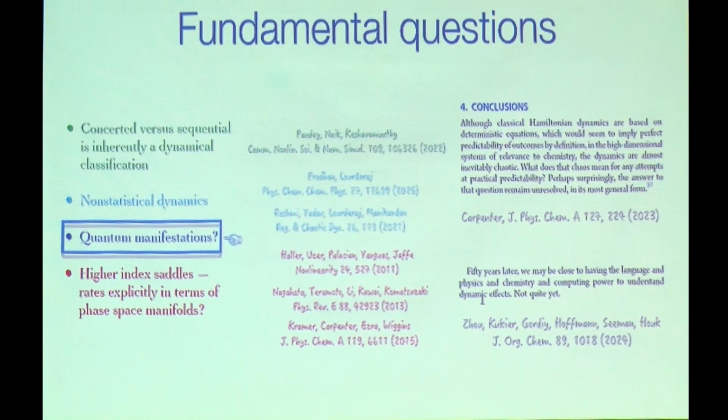I'm going to talk about dynamics, but I couldn't resist making this aside. There's a recent article by Houk, Hoffmann, Stephen, and these folks, and they ask whether the time has come for organic chemists to start paying attention to dynamics. What they say is very interesting: 50 years later, we may be close to having the language in physics and chemistry and the computing power to understand dynamic effects, but not quite yet.